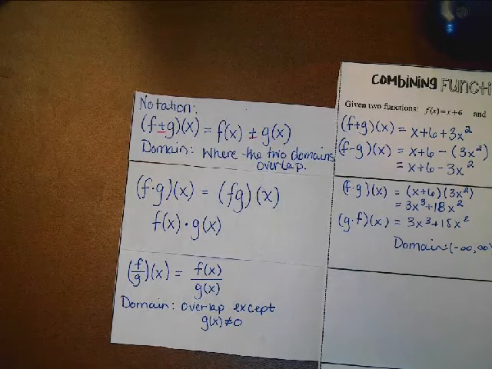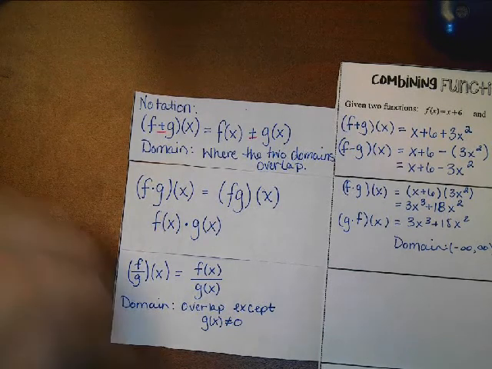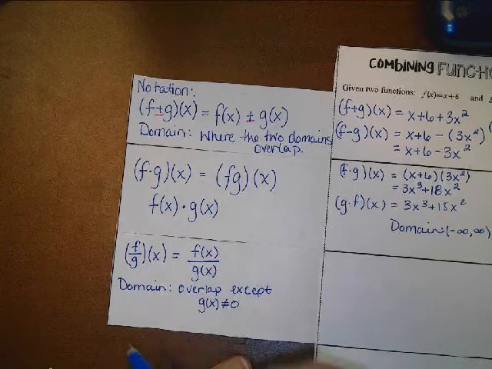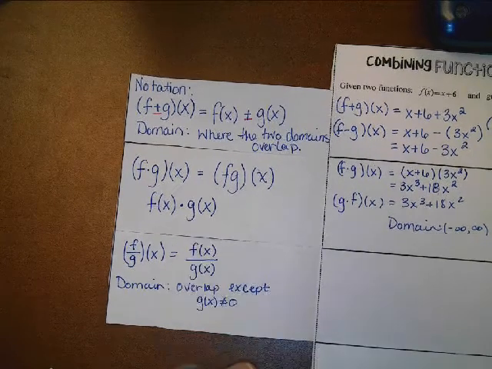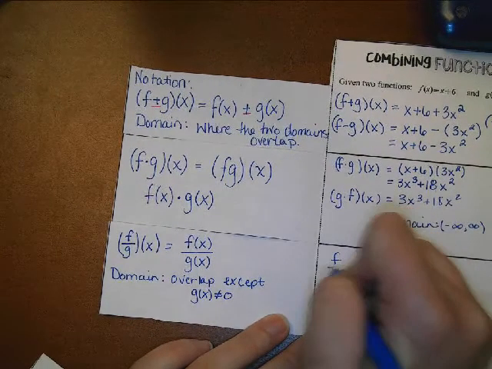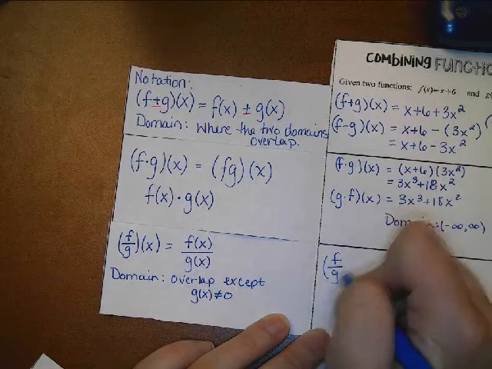So you have to figure out what x's would make the denominator 0, right? And exclude those from the domain. So again, this is not commutative. F divided by g of x is not the same as g divided by f of x.